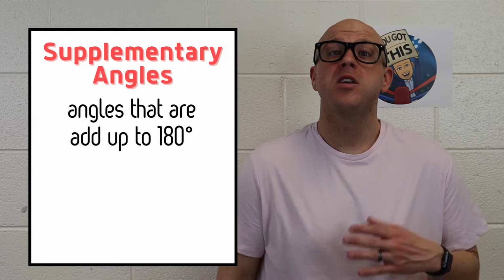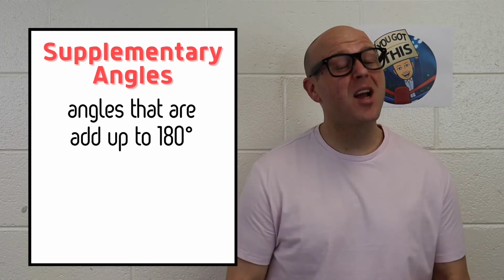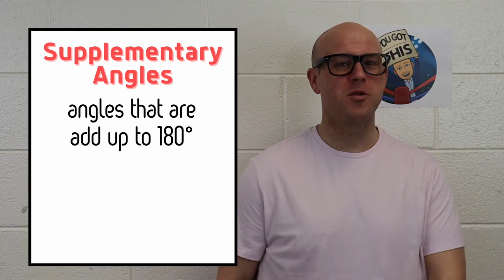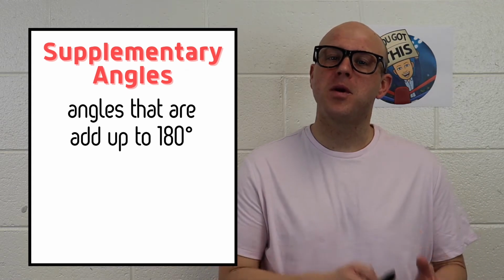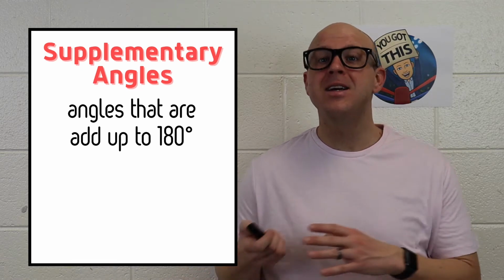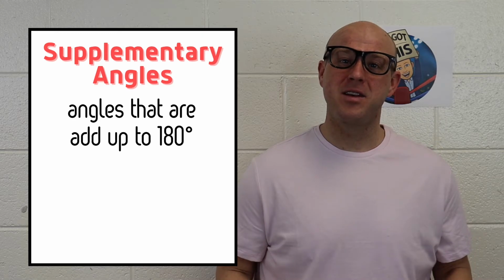So now let's look at the other type of angles we have, supplementary angles. Supplementary angles are two angles or more, it can be more than two, that add up to 180 degrees. Complementary was 90, supplementary is 180 degrees.